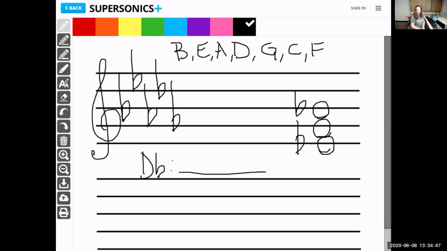Looks like that. So again, I have to think about my scale. A keyboard on your scratch paper will help you identify where D flat is. And again, if you know your scale, you can play it.